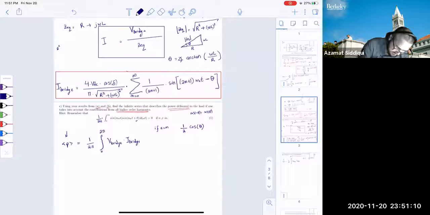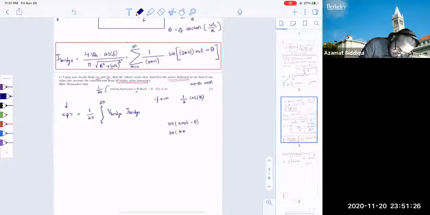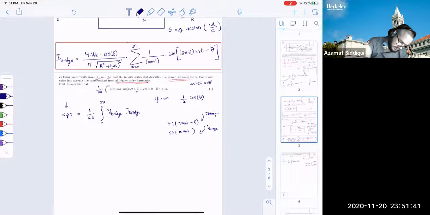It's going to look something like this: sine of n omega naught t minus phi for this one, and then sine of m omega naught t for the other, where this is how it's going to look for V bridge, and this is how it's going to look for I bridge. And both of them have a 1 over n in front of them, so it's not a big deal.